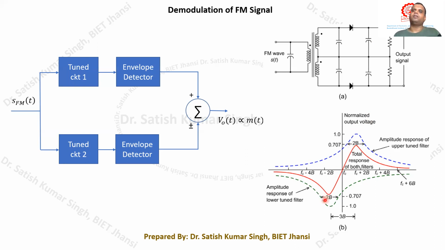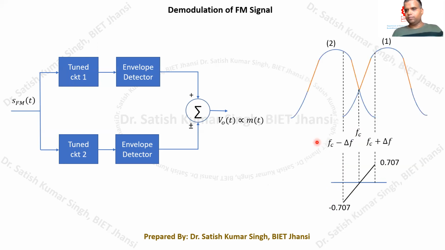This way we are going to get this particular curve. I hope you are able to understand how we do this, because even in the previous case, we subtracted the response of tuned circuit 1 from tuned circuit 2, and therefore we are able to get this particular linear portion.